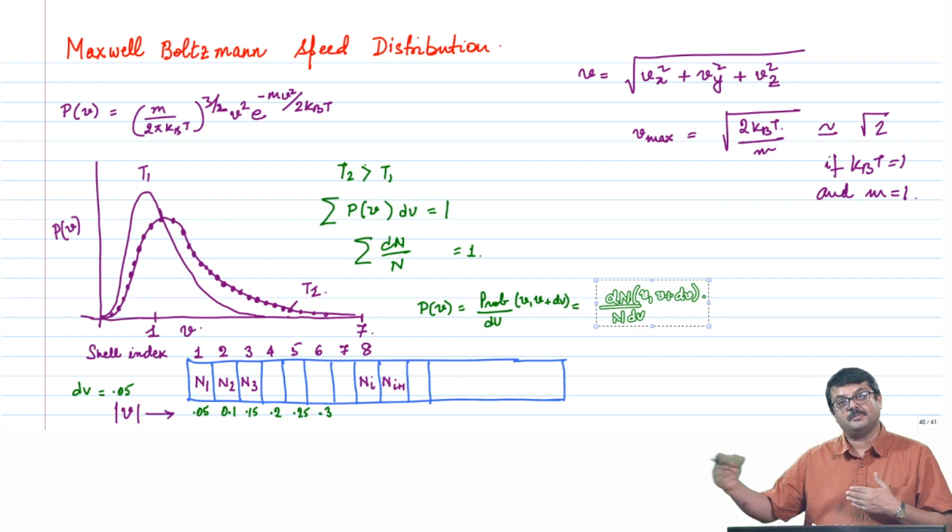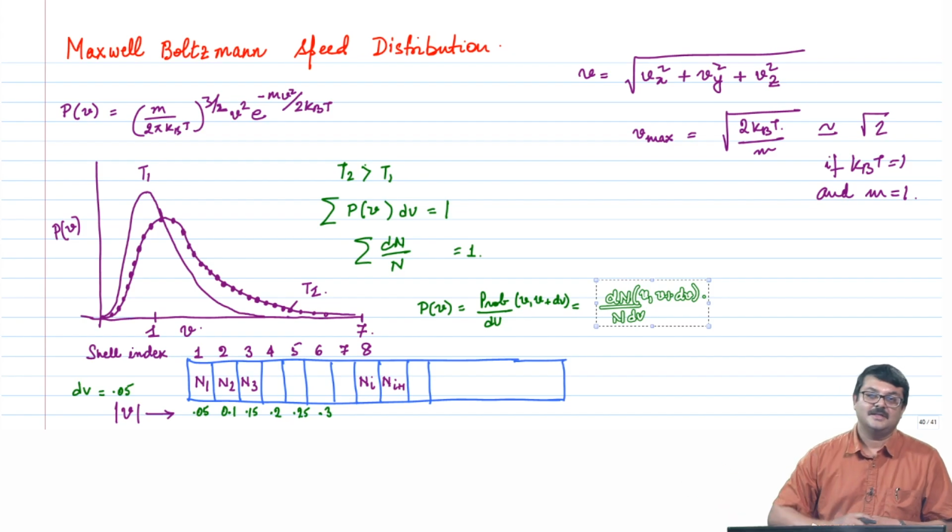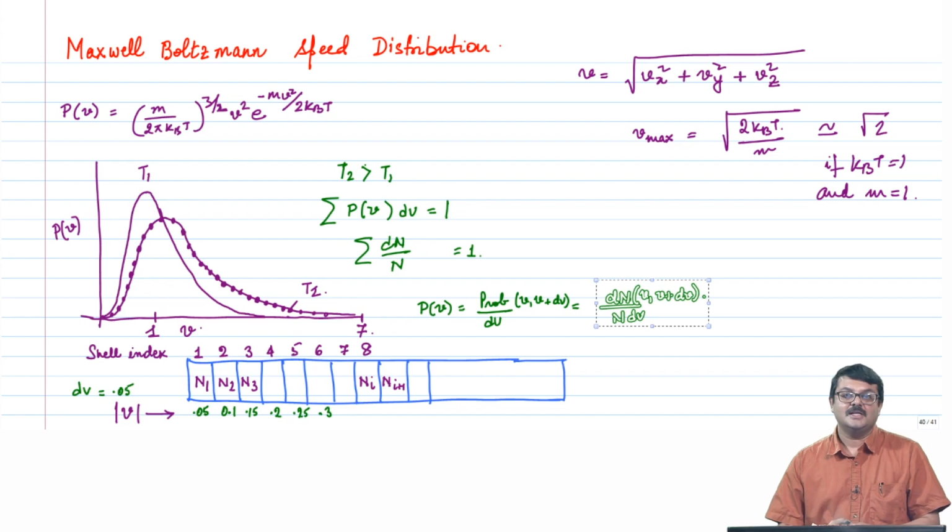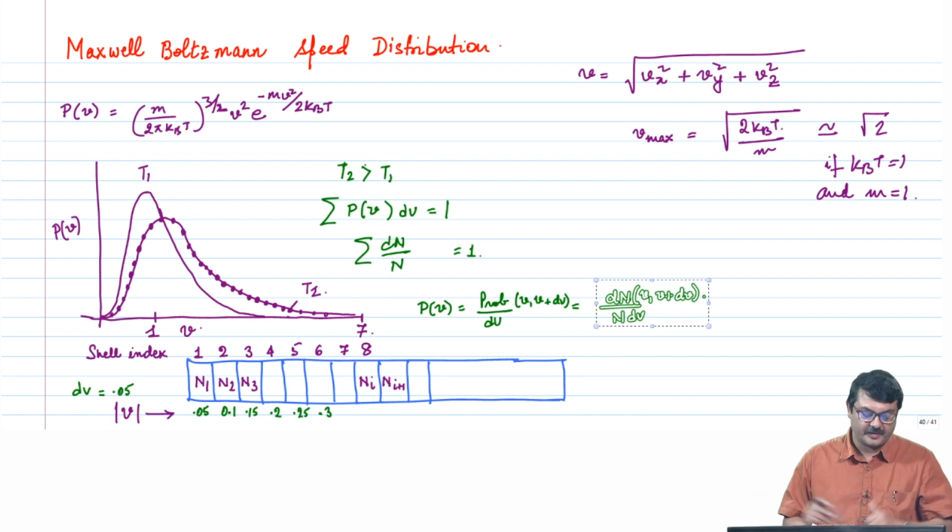So finally, you keep on adding to an array the value of dn 1, 2, 3, 4, 5, 6 for different values of velocity, and each value you calculate at different times, average them, divided by the total number of snapshots, not very different from what we did in Monte Carlo or the previous step.